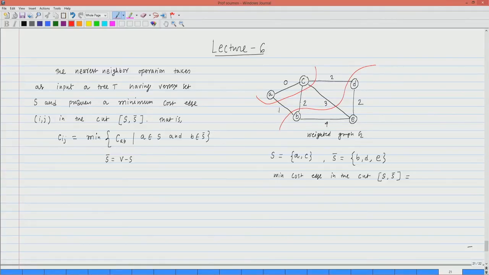So, you see the weight of each of these edges and take the minimum. So, the minimum cost edge connecting in this cut S, S complement is basically AB.